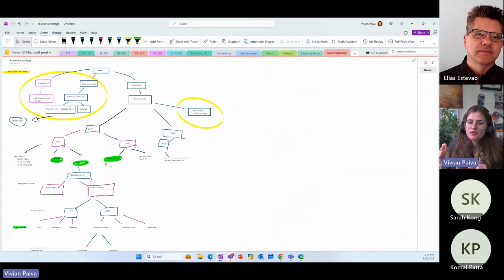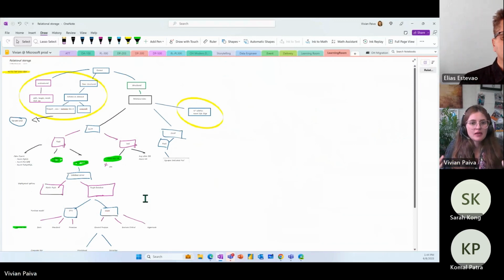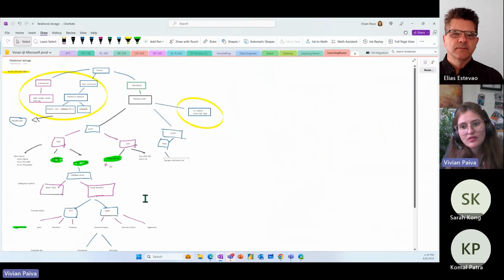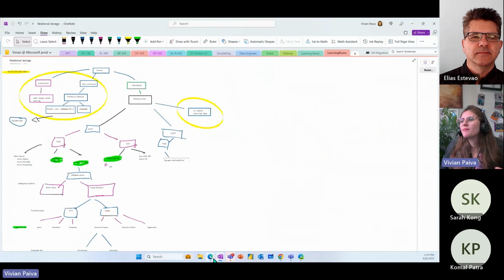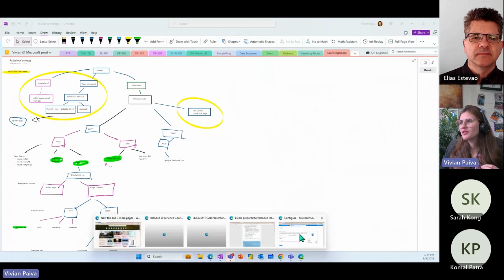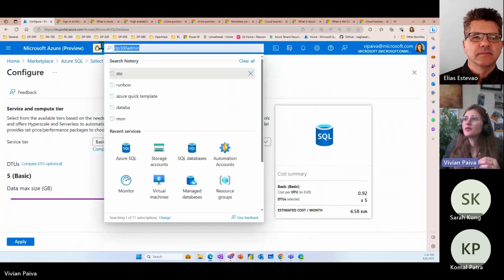Now, if you want to expand that high availability, if you want to build disaster recovery solutions, and we are talking again about Azure SQL Database, can you deploy Always On availability groups? No, you cannot.